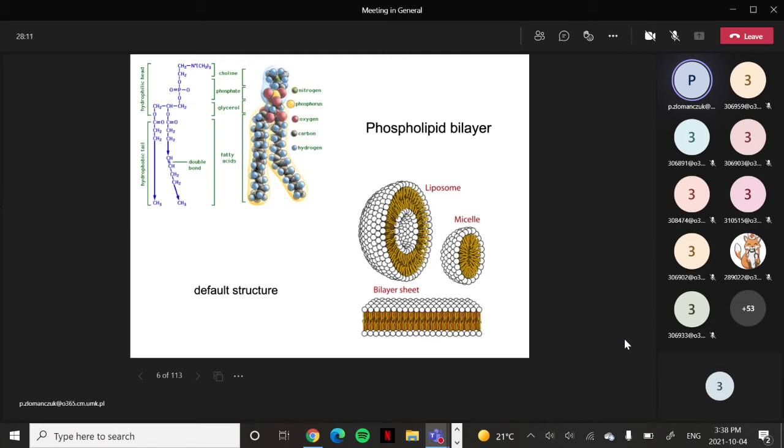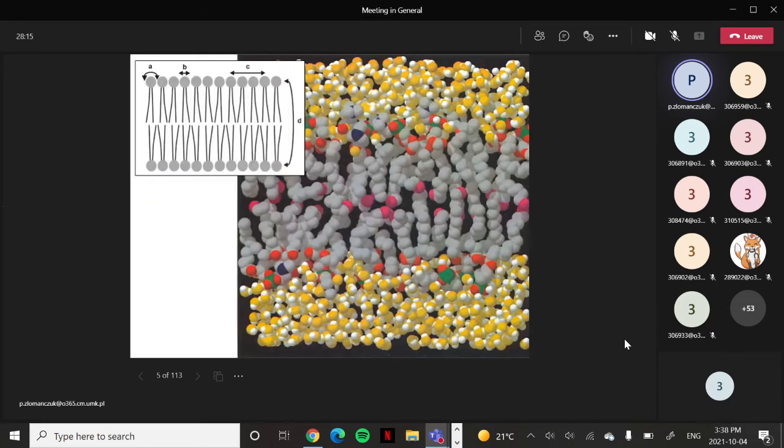And there are certain characteristic functional features of the phospholipid bilayer, the one that is directly associated with the function it is responsible for, meaning the isolating function.